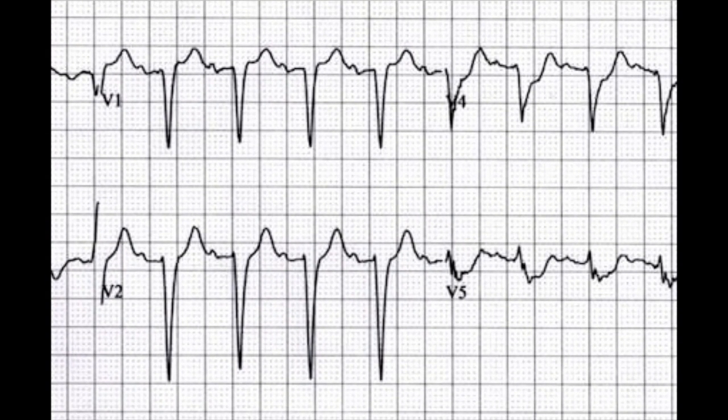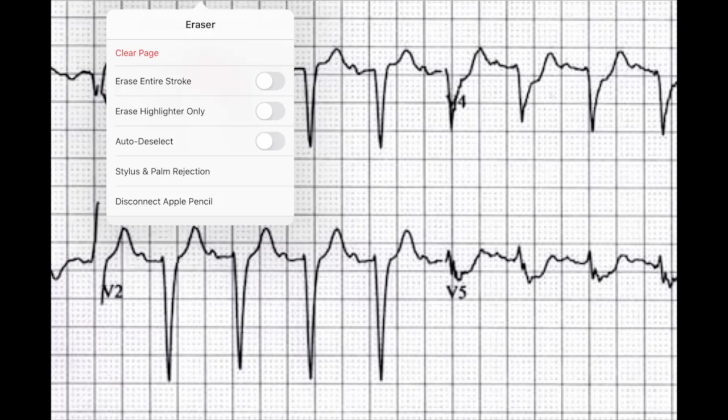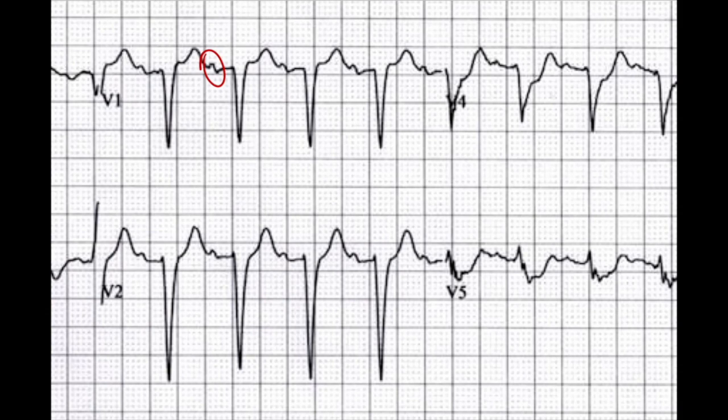We know V1 should have a biphasic P wave, and it's mostly biphasic. We have what looks to be a tiny R wave, dominant S wave. So that's all normal. But if we draw our baseline, it looks like we have about 2 millimeters of ST elevation present. And our T wave is upright, which isn't too concerning in V1.